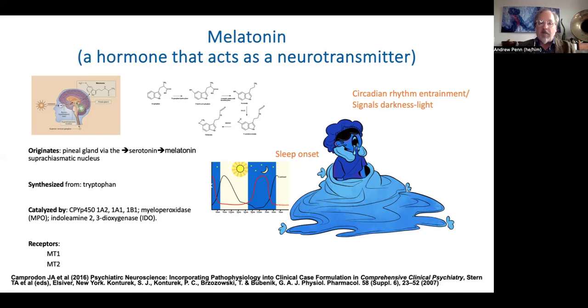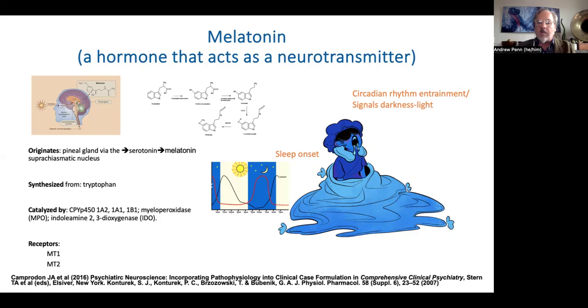When things become dark, this signals the pineal gland to begin to release melatonin. When we start getting melatonin coming from the pineal gland, we get tired, we get sleepy. And this is partially what entrains us for sleep. So this is what entrains the circadian rhythm.